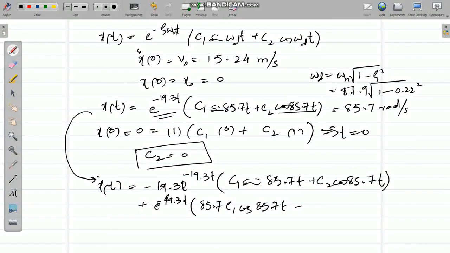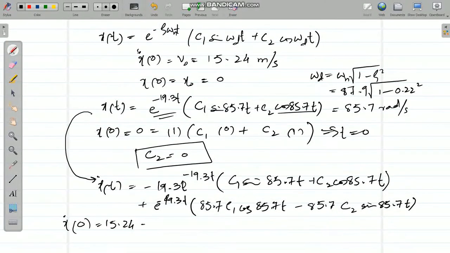minus 85.7 C2 sine of 85.7 t. Now if you put in the value of x dot of 0, which is 15.24, the exponential goes to 1, so minus 19.3 times, and this goes to 0.